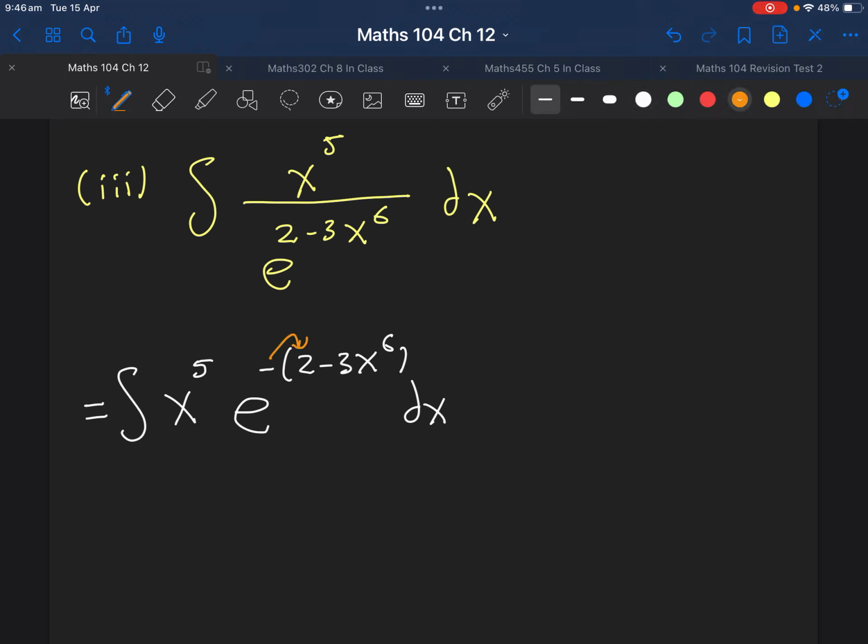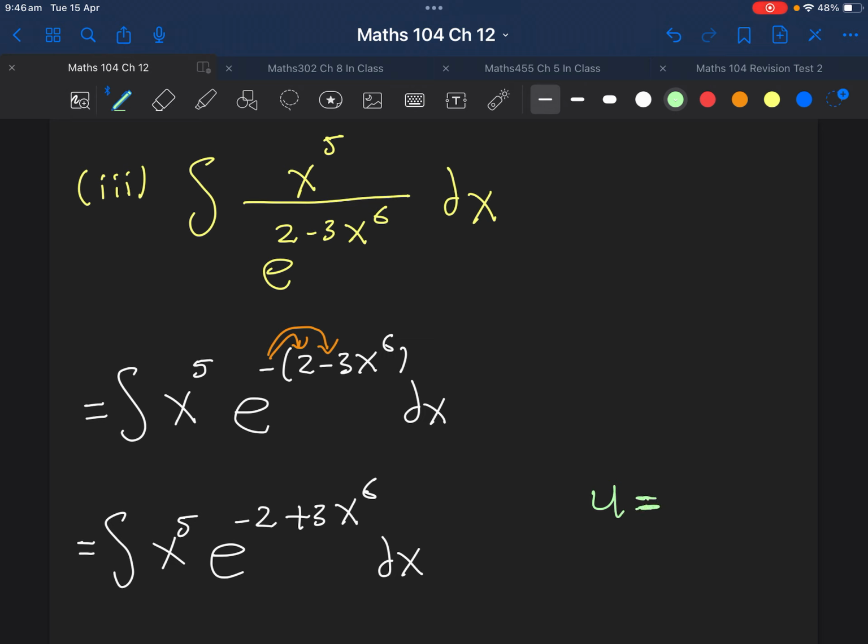I'll take this minus and I will write it down inside the bracket. So you get negative 2 plus 3x power 6. And now u will be the inner function, whatever is inside the e, which is negative 2 plus 3x power 6.